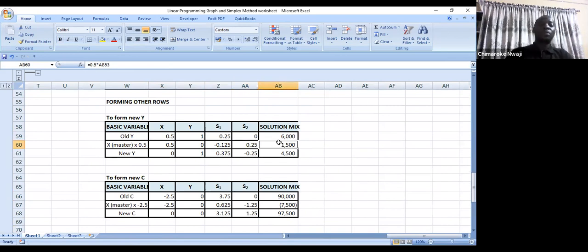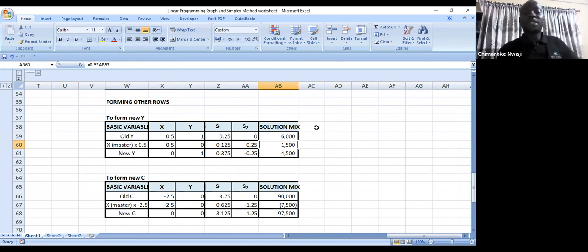So what happened when you put a minus? 0.5 minus 0.5 gives you 0. 1 minus 0 gives me 1. 0.25 minus 0.125 gives me 0.375. And when we do that in S2, 0 minus 0.25 gives me minus 0.25.